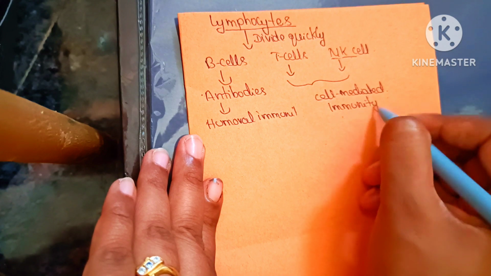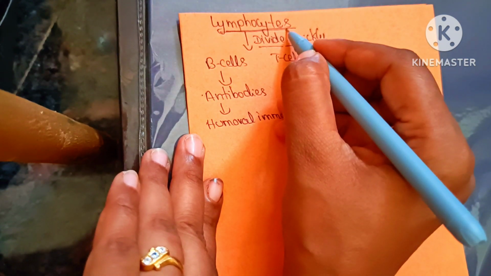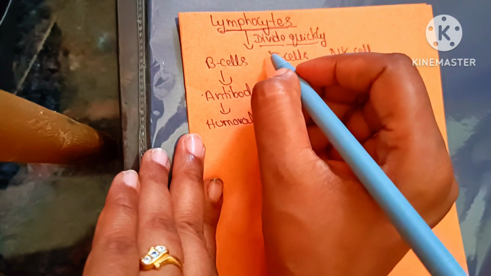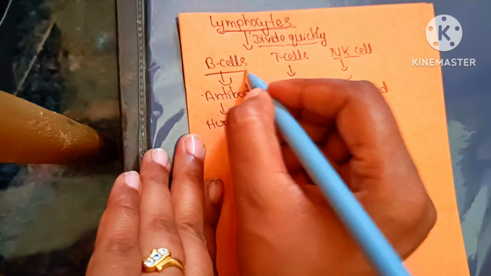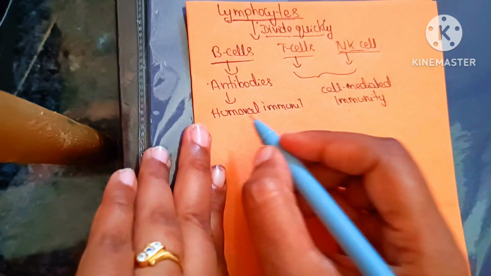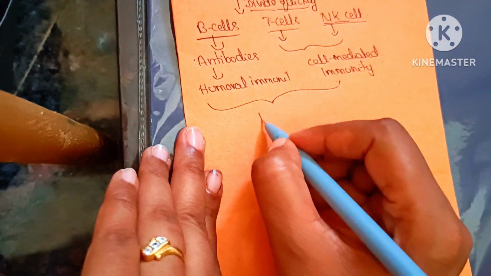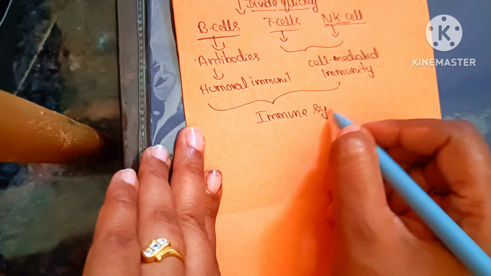Which means the division and differentiation of lymphocytes to form B cells, T cells, and natural killer cells is very important. So overall, it is required for a strong immune system.